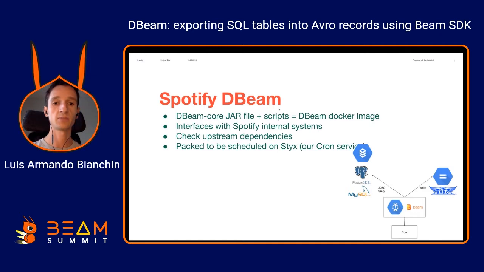And it is packaged to run on Styx, which is also open source, and it's our cron service. So you can schedule this Docker image to run, let's say, every day around 2 a.m. UTC. And when it runs, it will trigger DBeam and run a Dataflow job performing the export, or sometimes a direct runner.